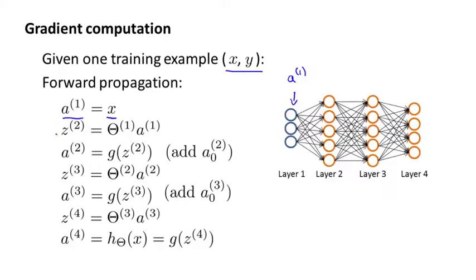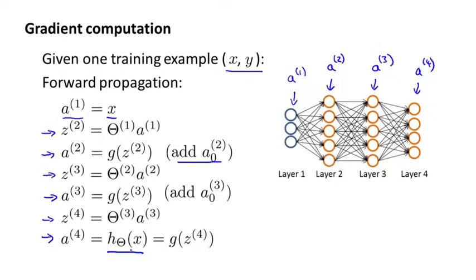And then we're going to compute z2 equals theta1 a1 and a2 equals g, the sigmoid activation function, applied to z2. This will give us our activations for the first hidden layer, that is for layer 2 of the network. And we also add those bias terms. Next, we apply two more steps of this forward propagation to compute a3 and a4, which is also the output of our hypothesis h of x.